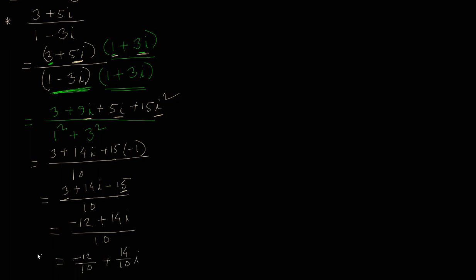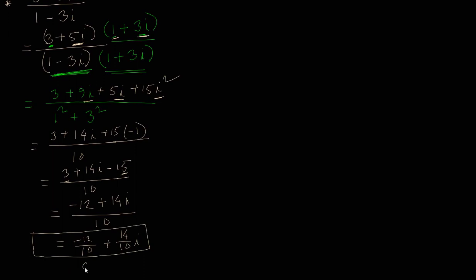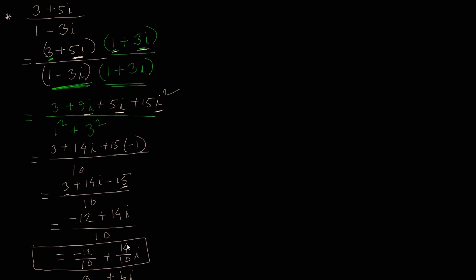This is dividing two complex numbers, and as you can see, the result is in a plus bi form. Just to let you know. This is our first example.